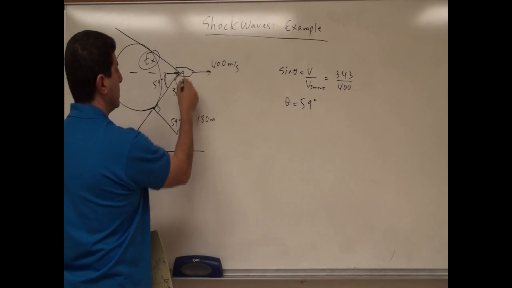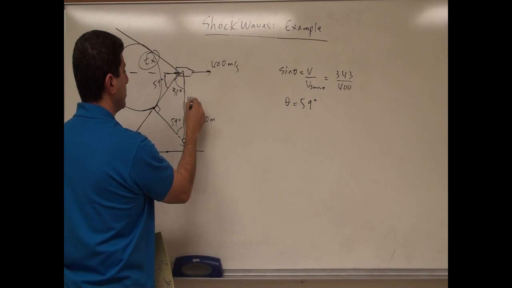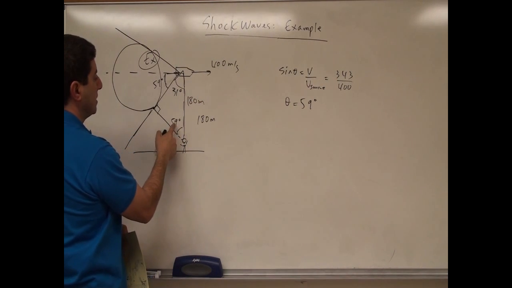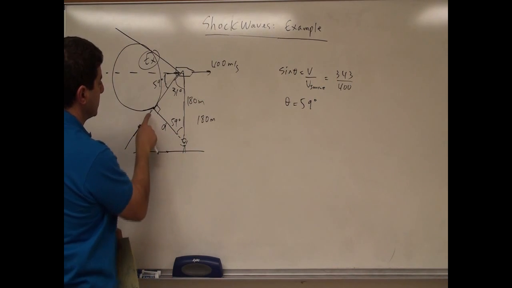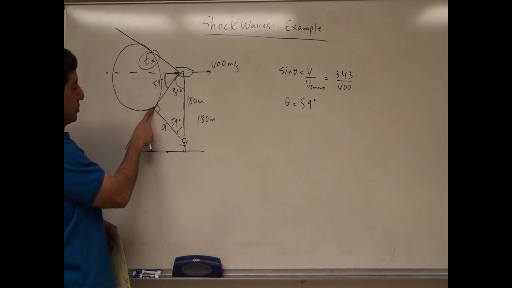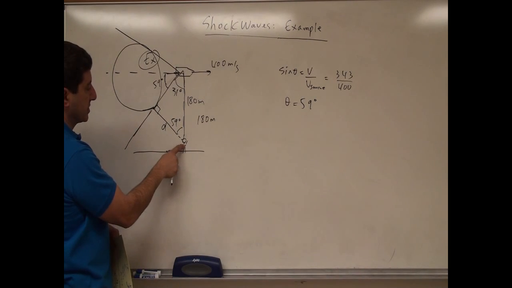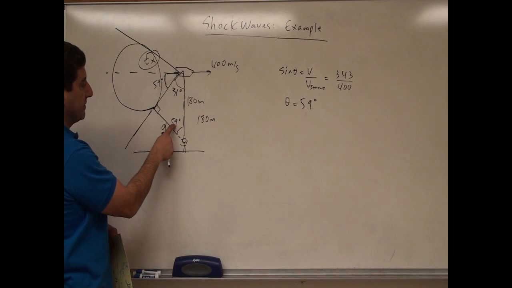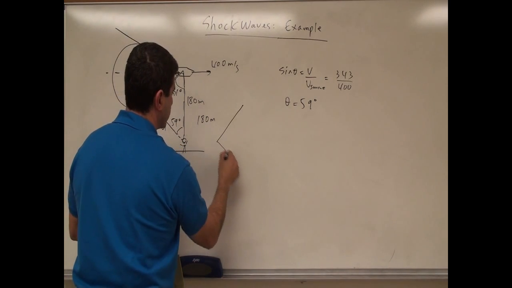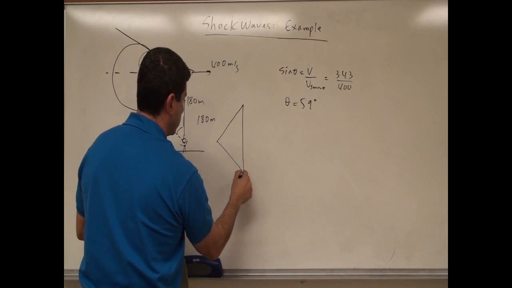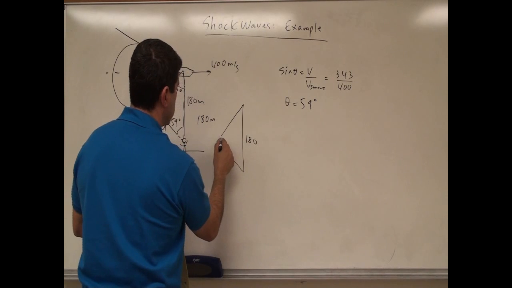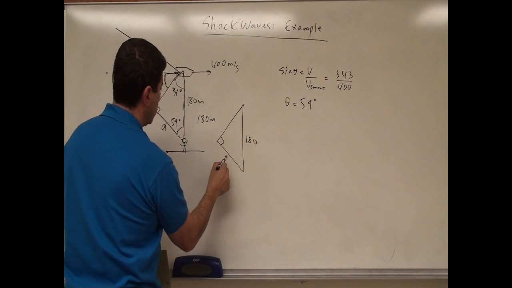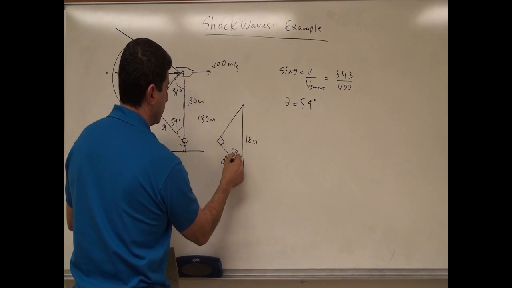And then if we know that this distance is 180 from here to here, we can say this distance from the sound wave, from the closest approach, right, of the sound wave to the person, this is D, this is 59. So we essentially have a triangle looking like this. This is 180, this is 90, and this is D, and then this is 59.